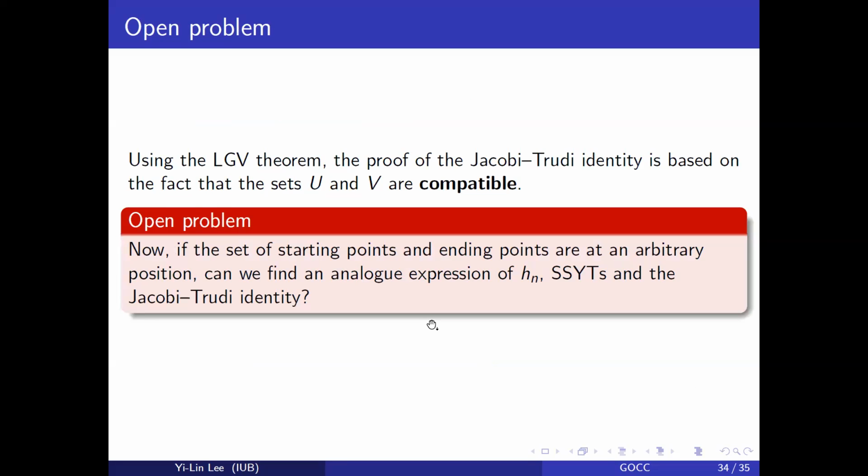So at last, this open problem says that if we choose different starting and ending points so that they are not necessarily compatible, can we find an analog expression of homogeneous symmetric functions, semi-standard Young tableaux, and even establish an analog version of the Jacobi-Trudi identity? Yeah, so that's an open problem for everyone. If you are interested in this problem, you are welcome to discuss with me.